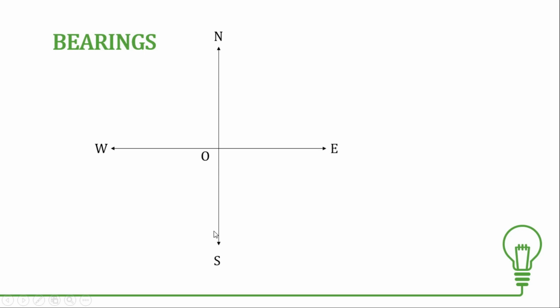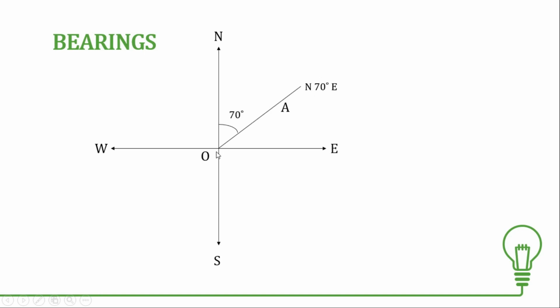What does that mean? Suppose we have here point O to point A, and that makes a 70-degree angle. So, what is the bearing of point O to point A with regards to our north line? Because here we base it on the north line. The bearing would be north 70 degrees east, or we can actually read this as 70 degrees east of north.